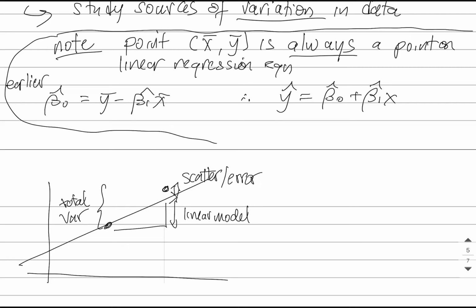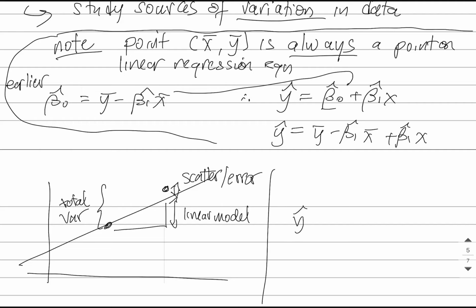If you replace it in here, your line of prediction could be given by this formula. So your line of prediction could always be given by some formula that looks like this.